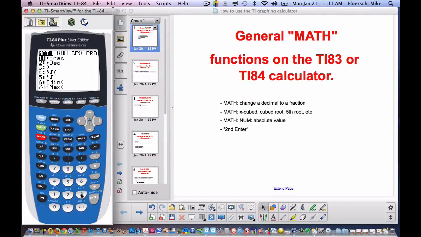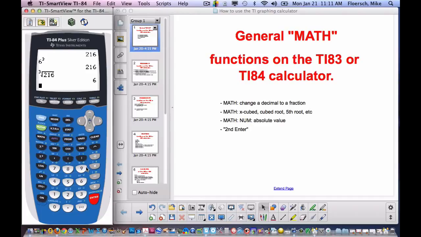So I hit number 3, and it does 6 cubed, and I hit enter. It gives me my answer. Let's say I want to do the cube root of 216. Then I would hit the math key, hit number 4, and it'll come up cube root of, and then you'd say 216 and hit enter, and the answer is 6.